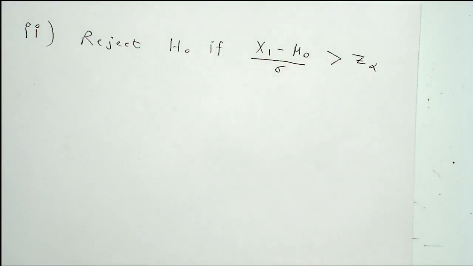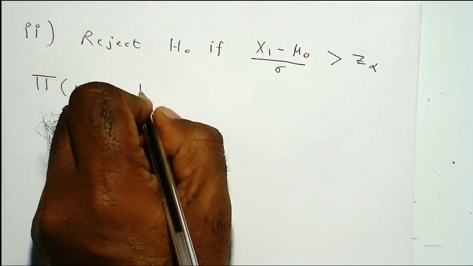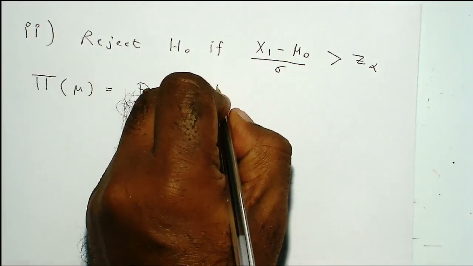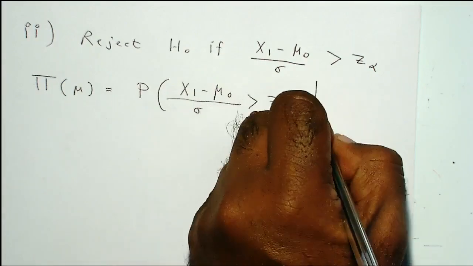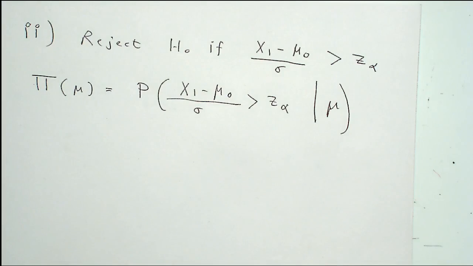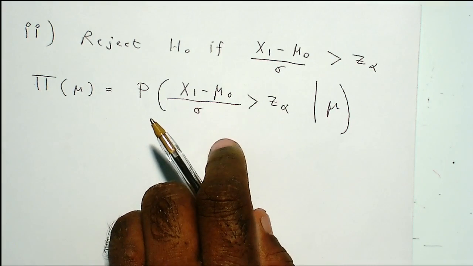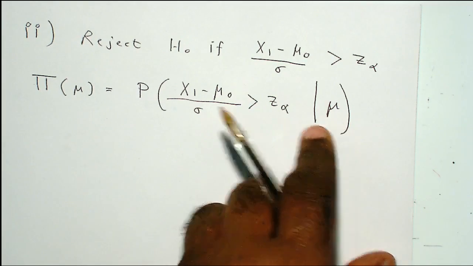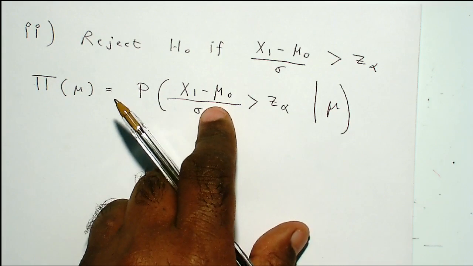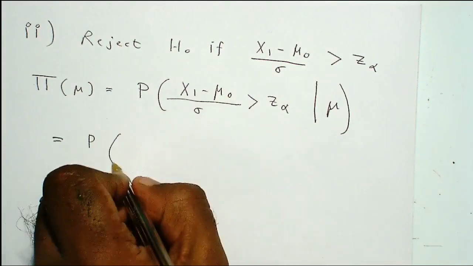In this case, the power function for mu is the probability of rejecting H0 given the parameter mu. Now, one more time, you must realize that the true population mean here is mu, not mu 0. So the first thing you must do is to change this to mu.